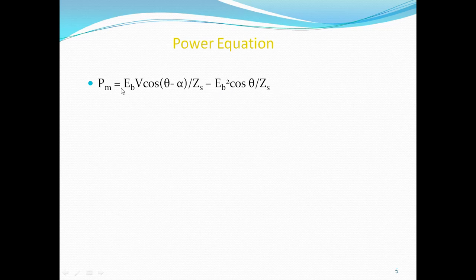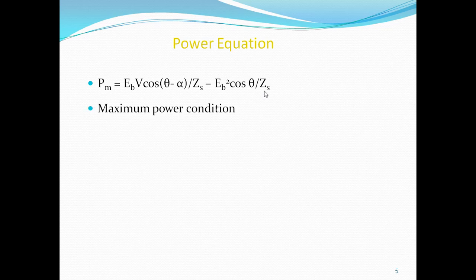So Pm is equal to Eb into V into cos theta minus alpha by Zs minus Eb square cos theta by Zs. What is Zs? Zs is the synchronous impedance, whose value depends on armature resistance Ra and synchronous reactance Xs.